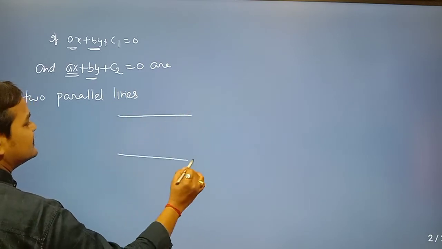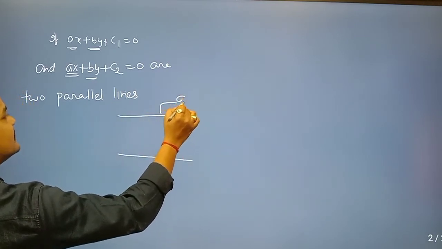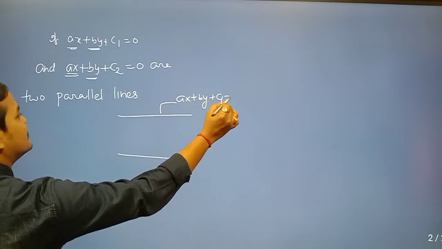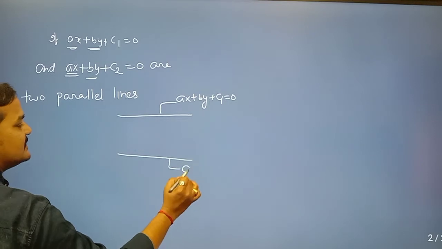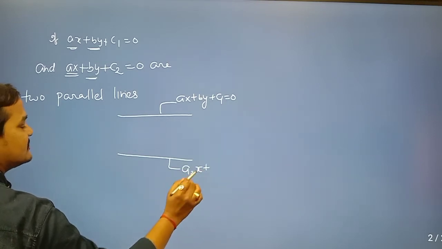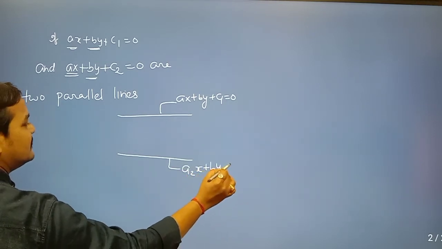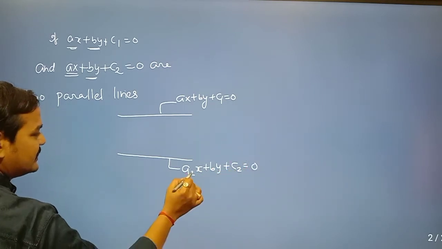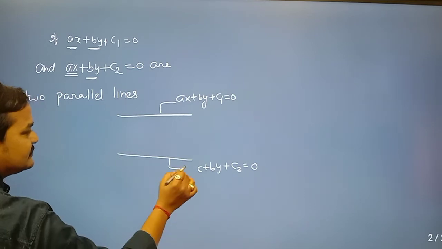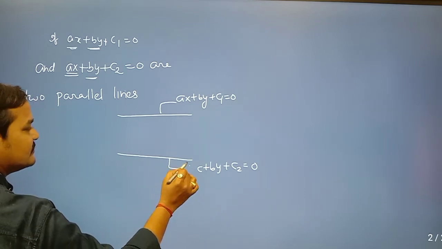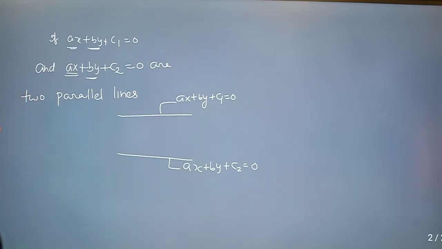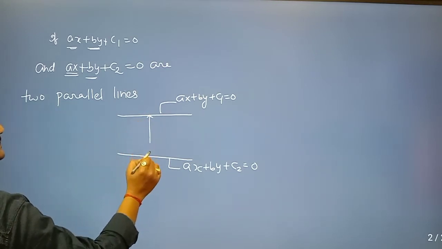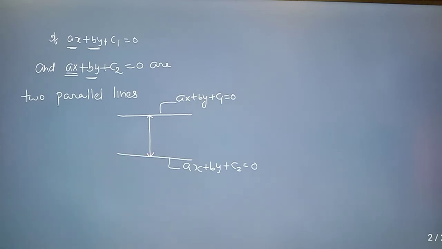Given that this is the first line, ax plus by plus c1 is equal to 0, and this is the second line, ax plus by plus c2 is equal to 0. Now, what is the formula for the distance between these two lines?